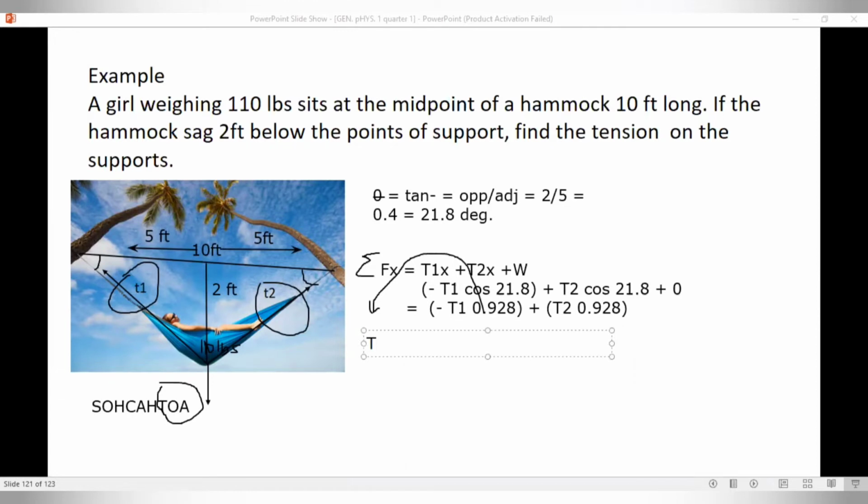T1 times 0.928 is equal to T2 times 0.928.